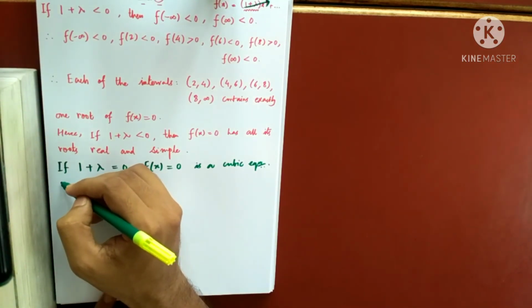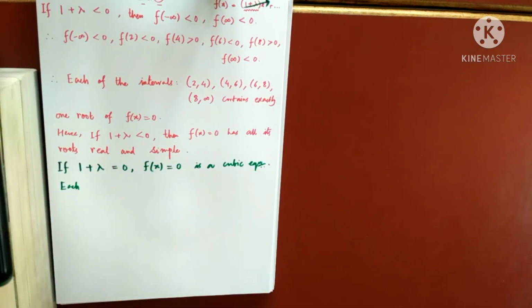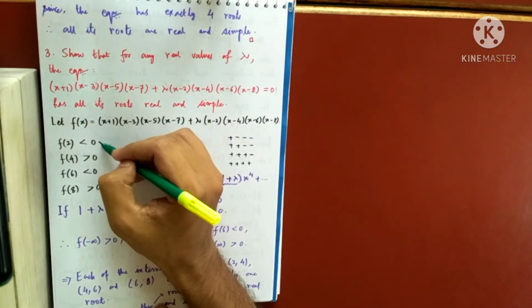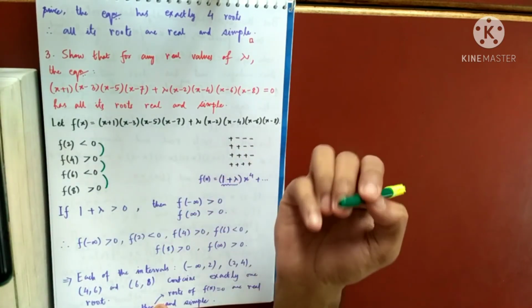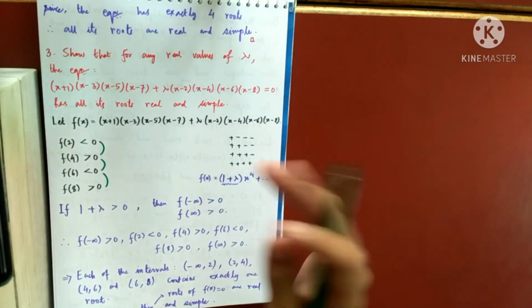So in this case, what happens? This time I will not find f of infinity or f of minus infinity. I know that whatever be the case, there is a root here, and there is a root here, and those will be the 3 roots of my cubic equation. I don't care about minus infinity and infinity this time.